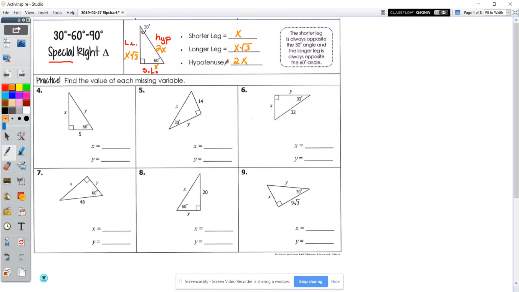Now that I have this information, if you are a formula person, you could say the hypotenuse equals the short leg times 2, or the short leg equals the hypotenuse divided by 2.